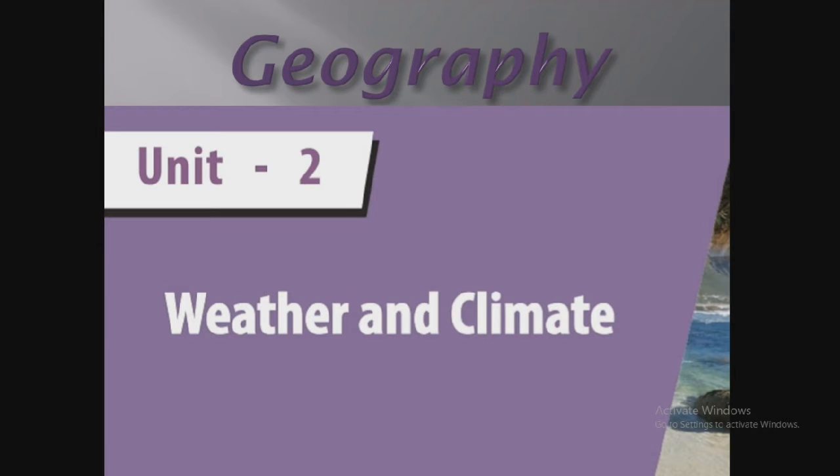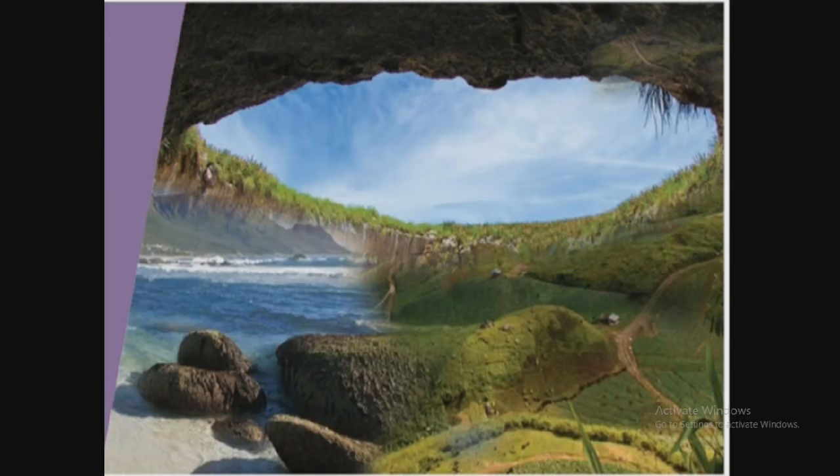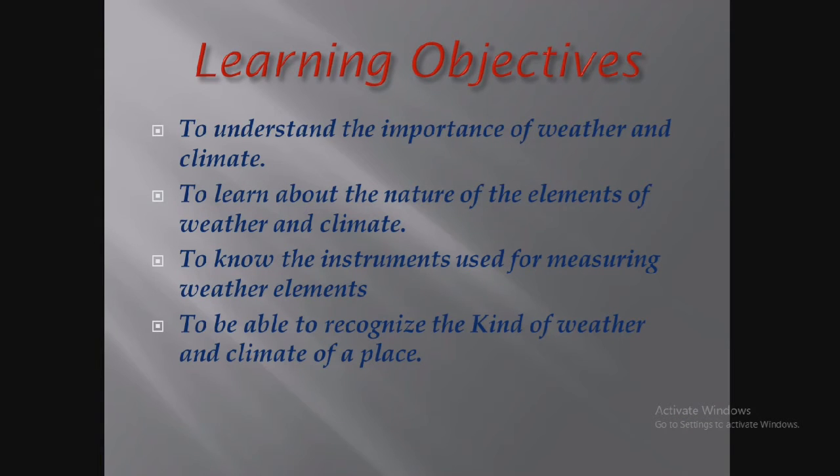Yes, this is the picture you have in the book. And the learning objectives are to understand the importance of weather and climate, to learn about the nature of the elements of weather and climate, and the instruments used for measuring weather elements.